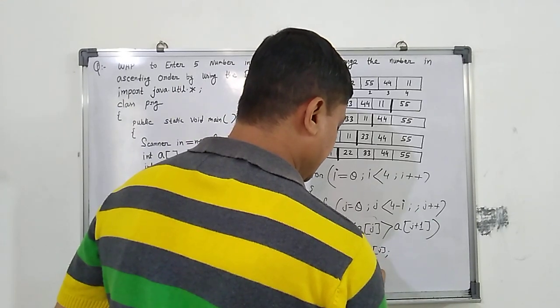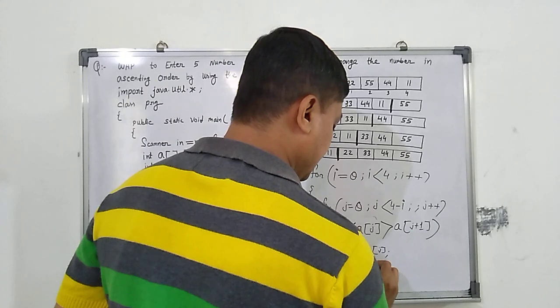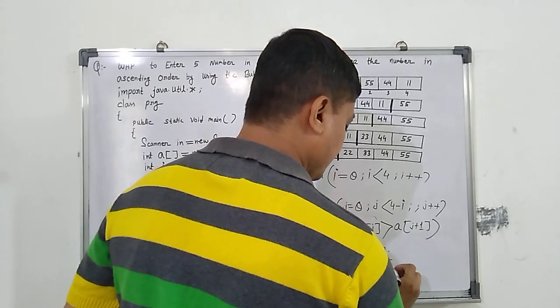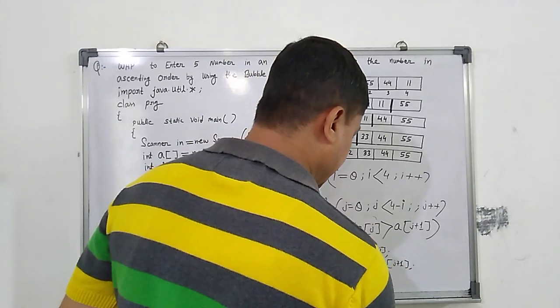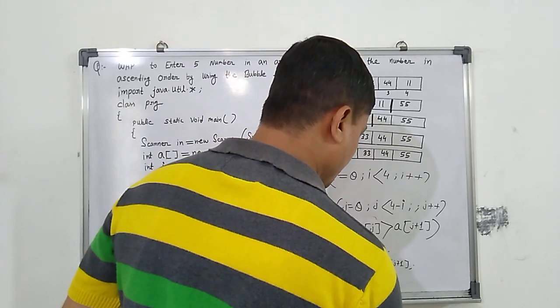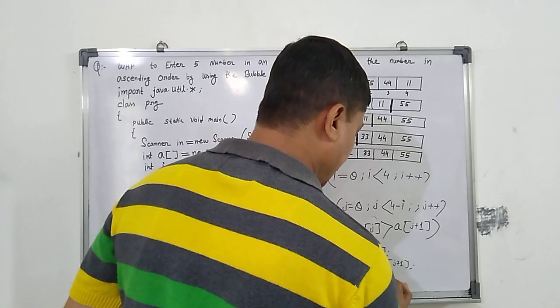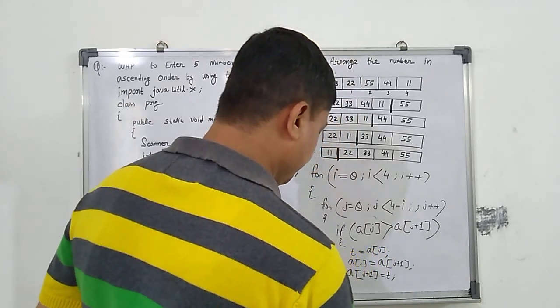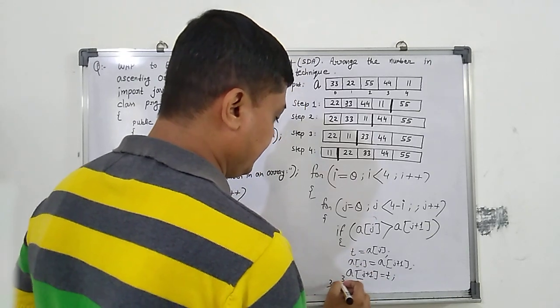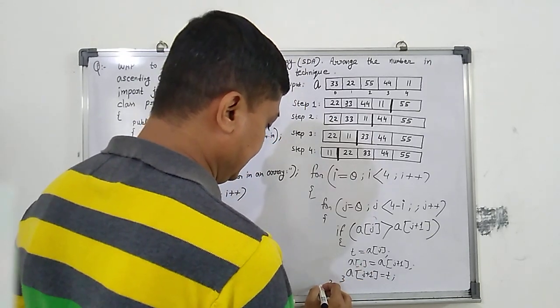In array of j we store array of j plus 1, and in array of j plus 1 we store the temporary value t. This way the values are swapped. After that you close the if compound bracket, for j and this for.